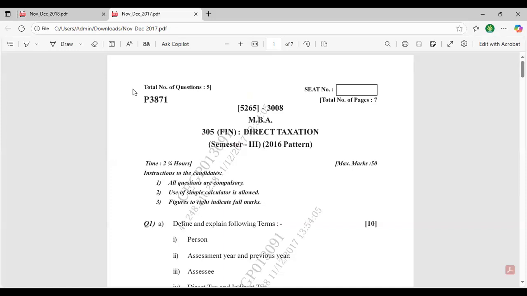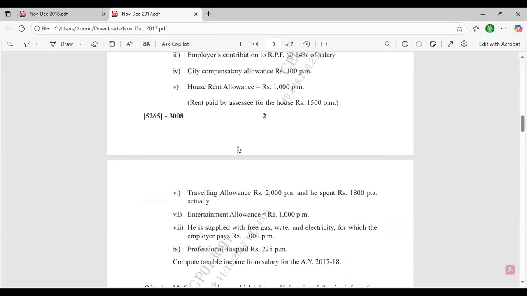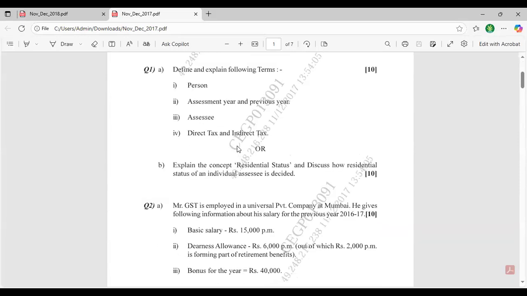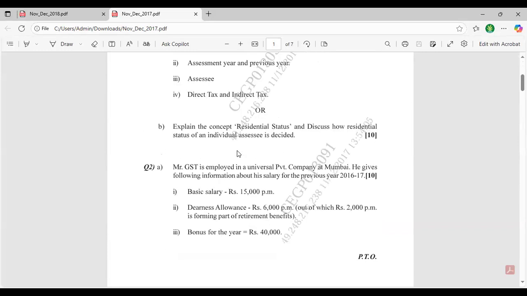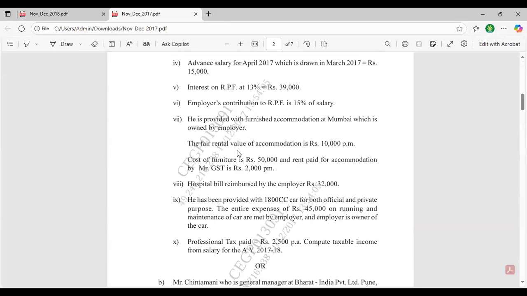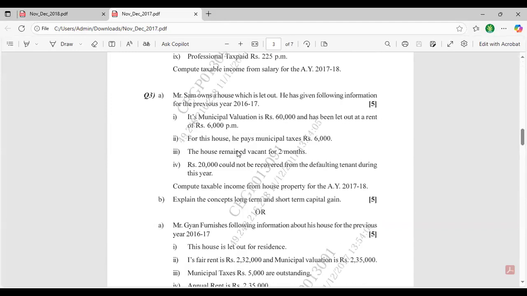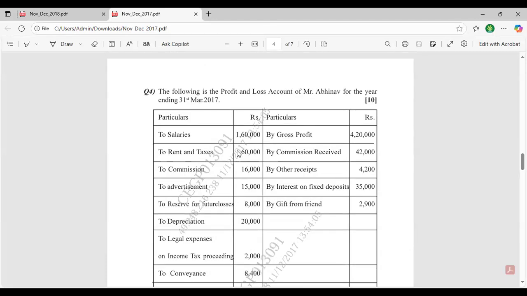Let's find out the numerical on business and profession. As I said, they normally follow the first question on definitions: person, assessment year, previous year, and so on. The second question is always about the salary part, and its option also normally salary. And third will be your business and profession or capital. So here they have given the fourth question. So let's solve this fourth question.